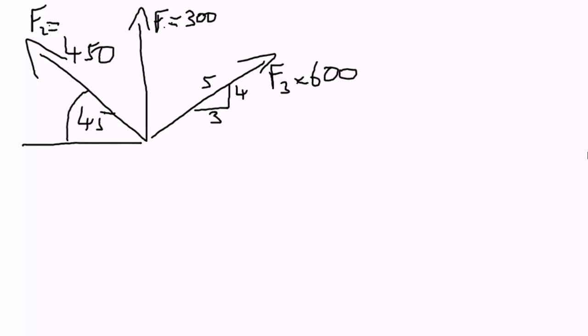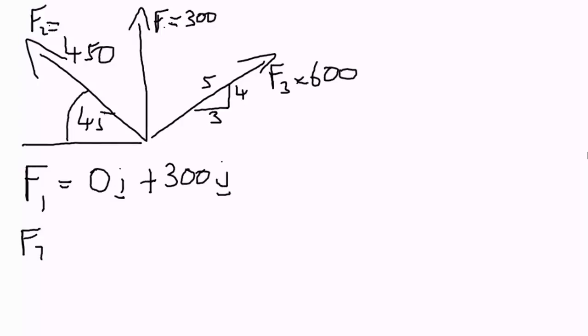The first thing you do is write each of those forces, F1, 2 and 3, as a Cartesian vector. Force 1 is only going upwards, so it's only in the J direction. So it's 0I plus 300J.